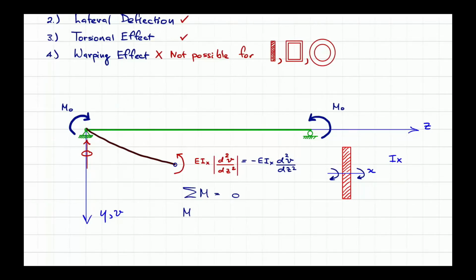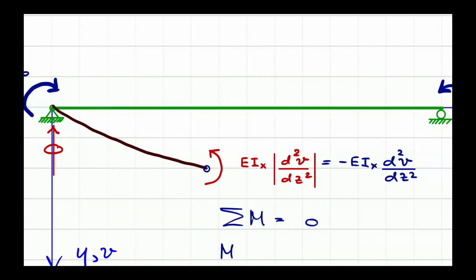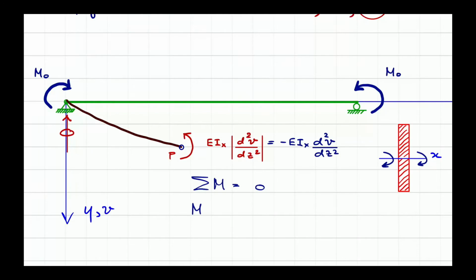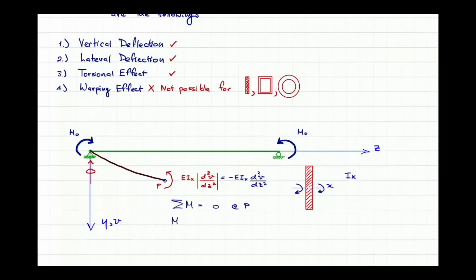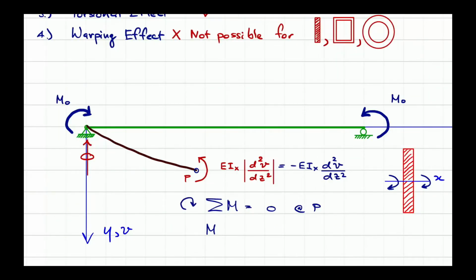Sum of moments equals 0 at this point. Let's call it point P. About point P, well, that depends on the sign convention you want.